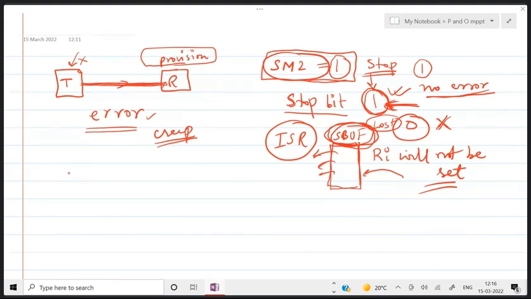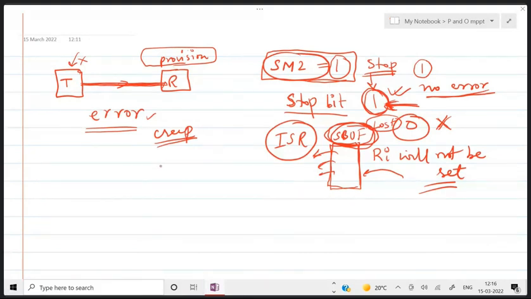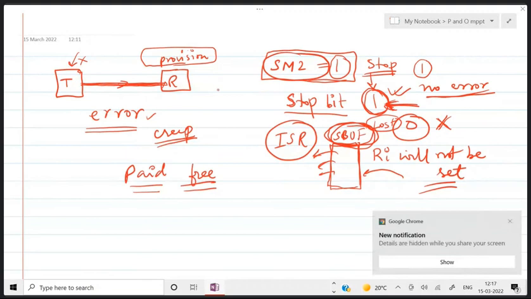Say, for example, some of the subscribers don't want to use the paid channels. So what will the service provider do?